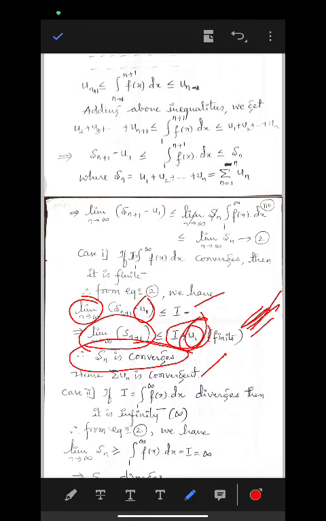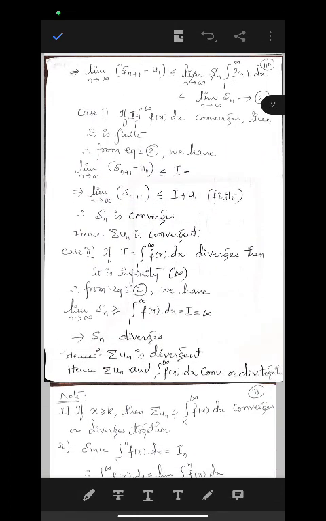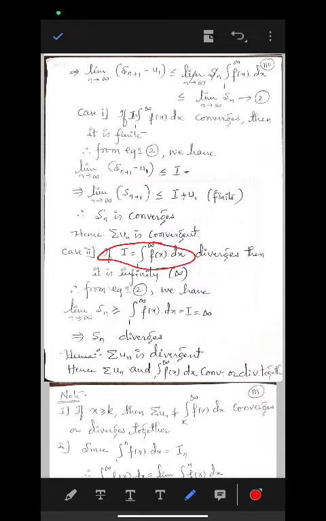So in case 2, if you observe, next what do we need to do? We need to assume that the improper integral from 1 to infinity of f(x) dx is divergent. So we have assumed this improper integral is divergent.